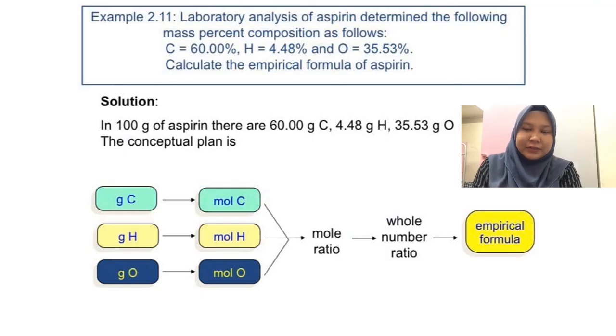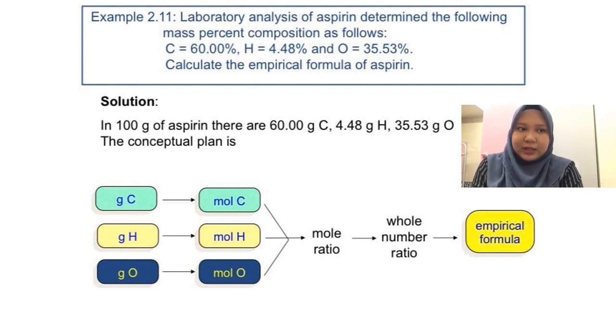For example 2.11, laboratory analysis of aspirin determined the following mass percent composition: carbon 60%, hydrogen 4.48%, and oxygen 35.53%. Calculate the empirical formula of aspirin. Solution: in 100 grams of aspirin, there are 60 grams carbon, 4.48 grams hydrogen, and 35.53 grams oxygen.